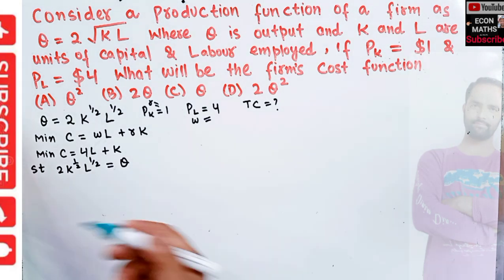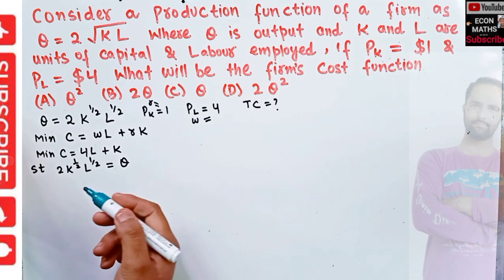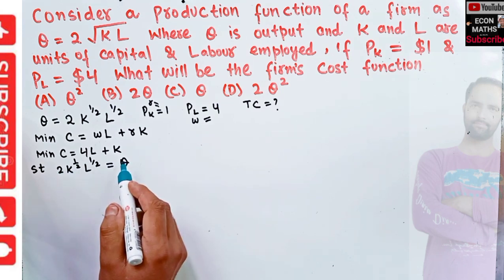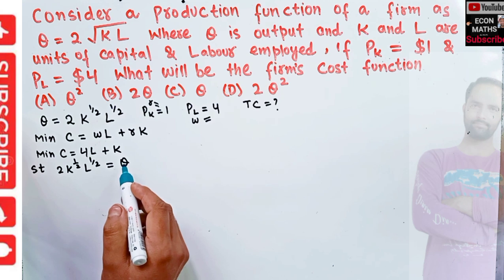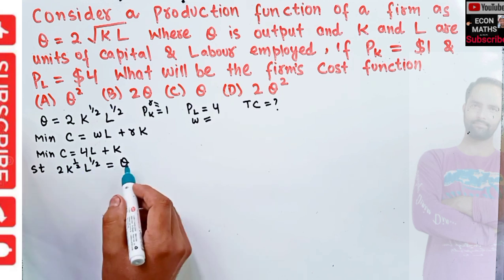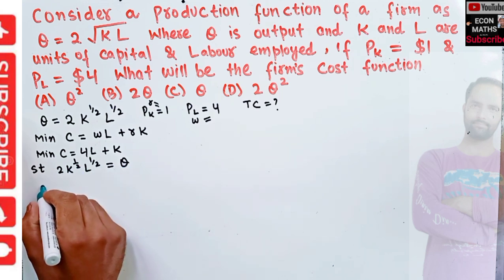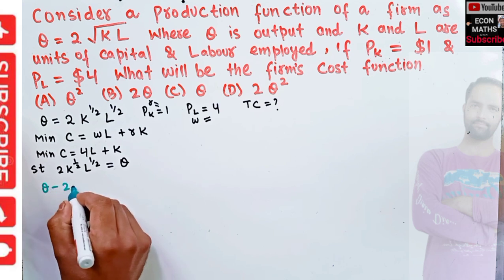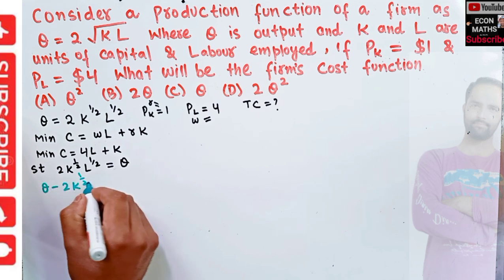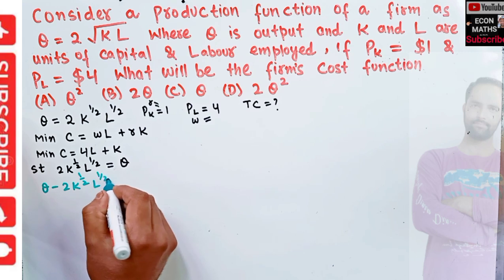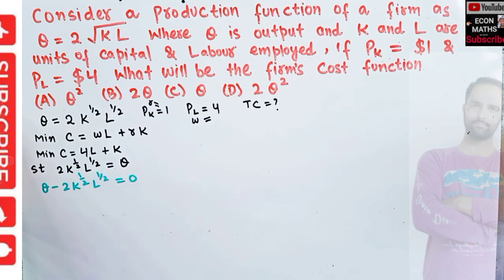When we want to form the Lagrange's equation, the first step is we rewrite the given production isoquant. So I can rewrite it in this fashion, that is Q minus twice K to the power 1 upon 2 L to the power 1 upon 2 should be equal to 0.